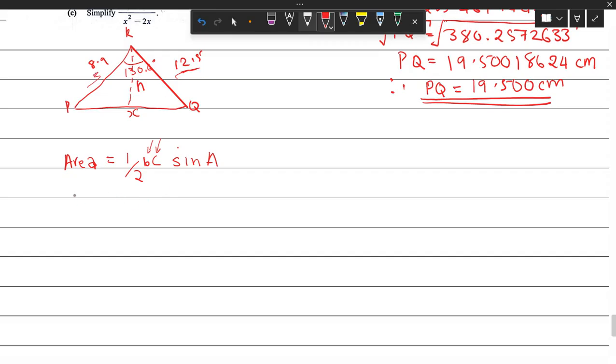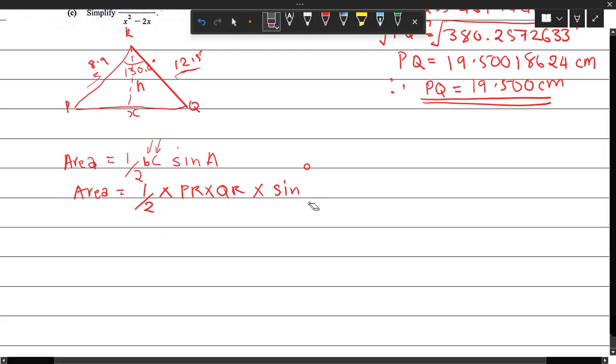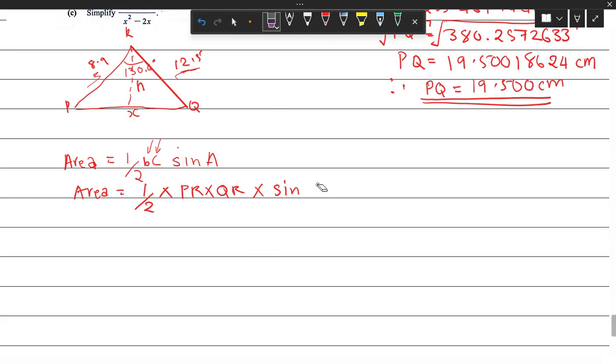So we'll write this, we say area is equals to half multiplied by, so our opposite side we have PR multiplied by QR multiplied by sine. The angle is at R. So you can write R, or if you want, you can use PRQ.